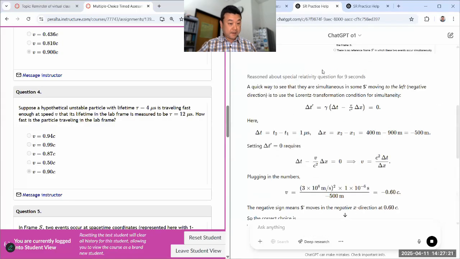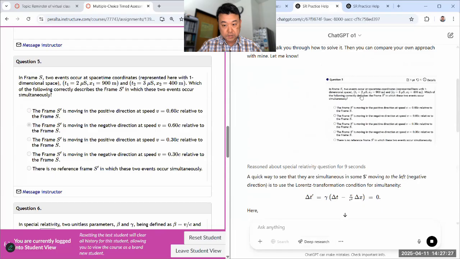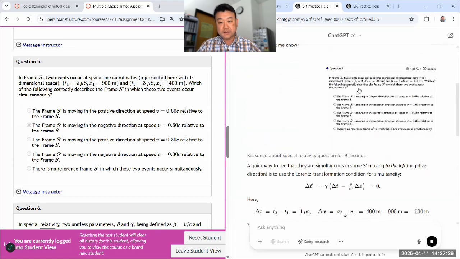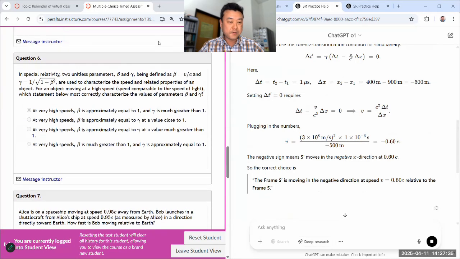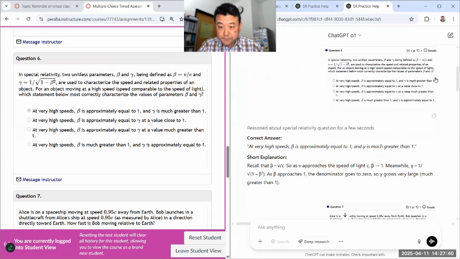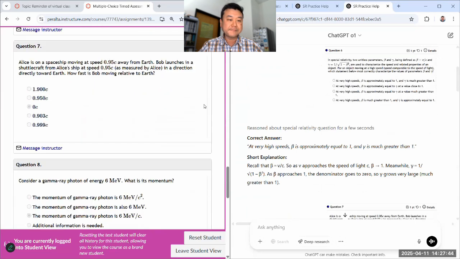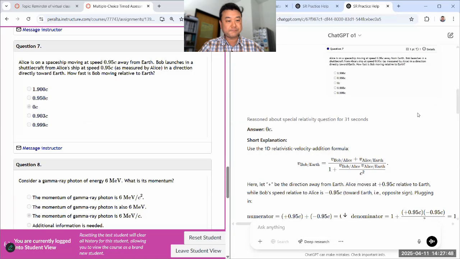So with that, I'm not gonna check the rest, but let me just scroll through. So question 5, which it got correctly. This was its answer and explanation. Answer is correct. Explanation is probably right. Question 6. That was the first one here. Correct answer. Explanation probably right. Question 7. Correct answer.